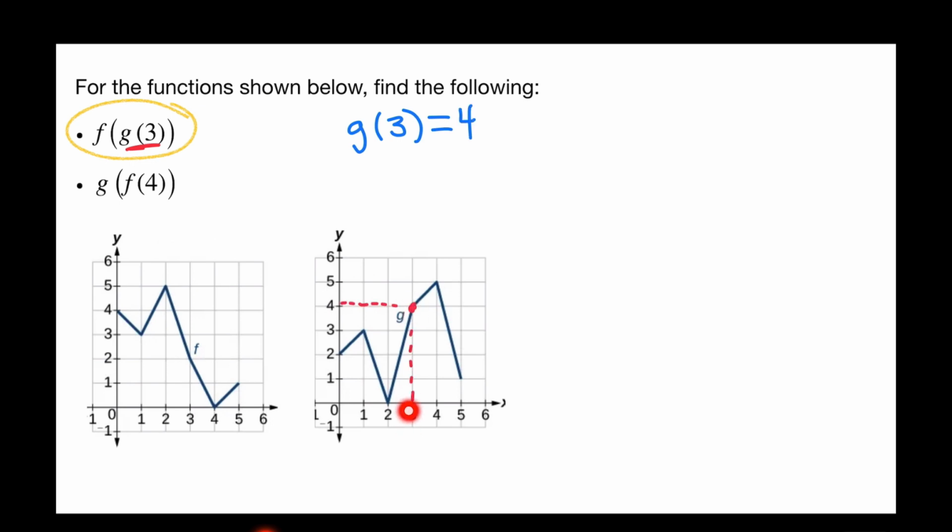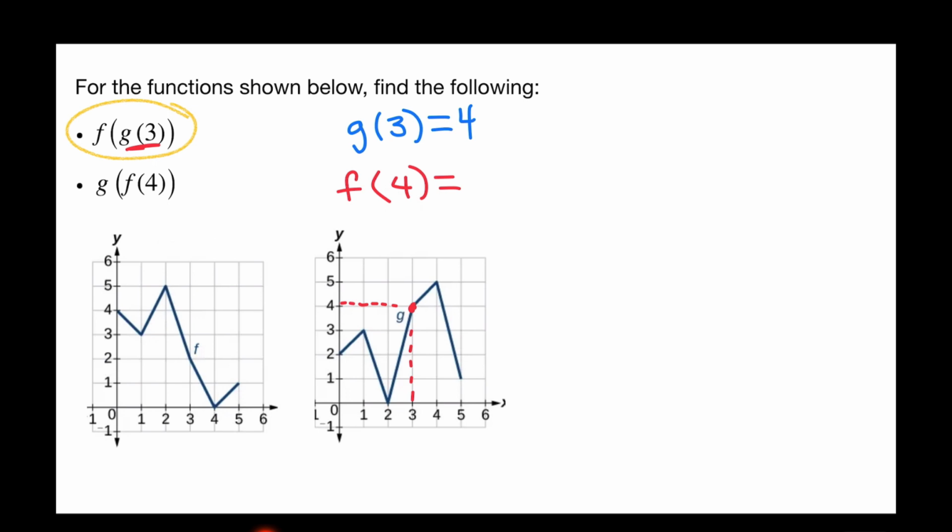At x equals 3, the y value is 4, so g of 3 equals 4. So this g of 3 turns into a 4.